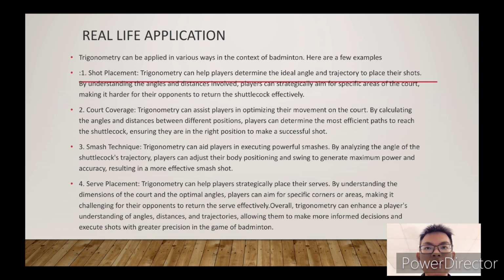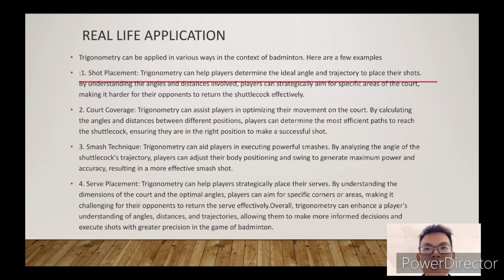By understanding the angles and descent, players can strategically aim for specific areas of the court, making it hard for their opponents to return the shuttlecock effectively.